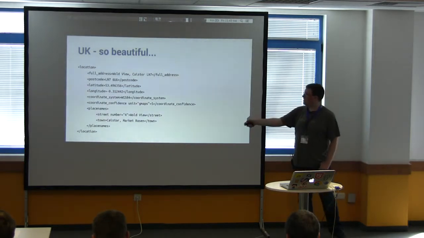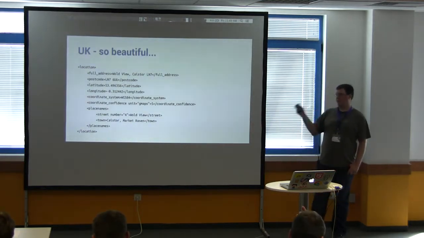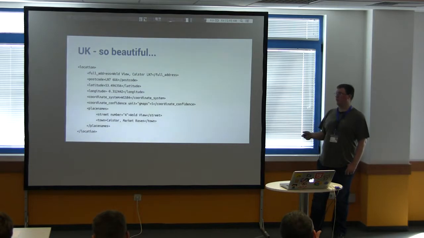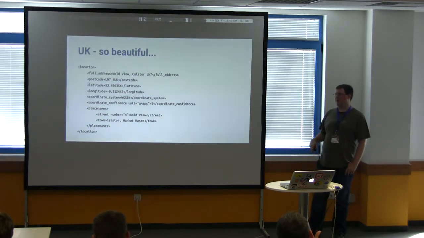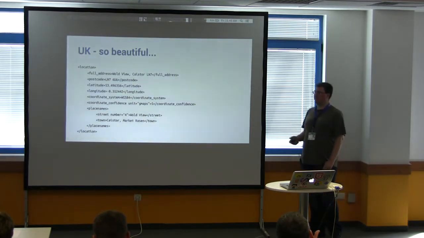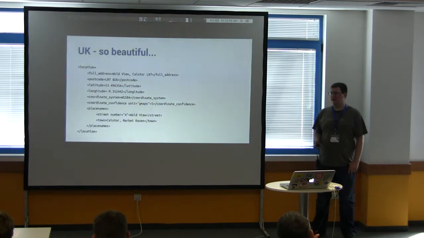That's what the unit Gmaps means. And Google Maps gave back this confidence score of 5. So in this case, we'll take the latitude and longitude that they've given us, and we'll try and compute a better result. But we'll use it as one of the hints to our geocoder to let it decide whether it's found the right place or the wrong place.